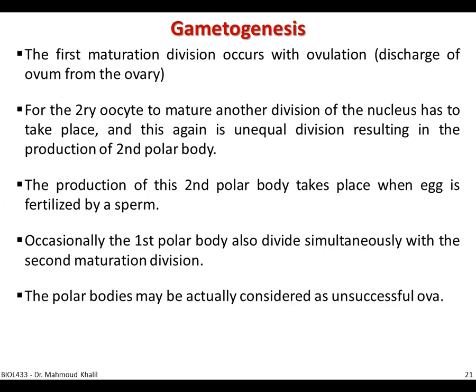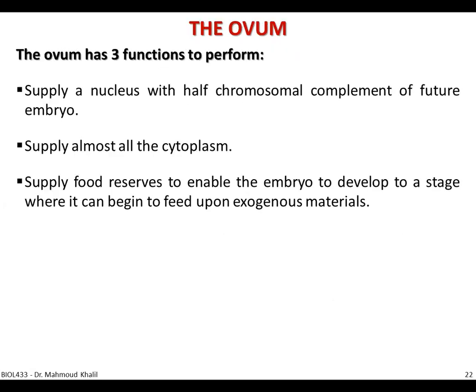So generally, in the male, each spermatogonium gives 4 gametes, 4 sperms, while the oogonium only gives 1 ovum and 3 polar bodies that don't function anymore.